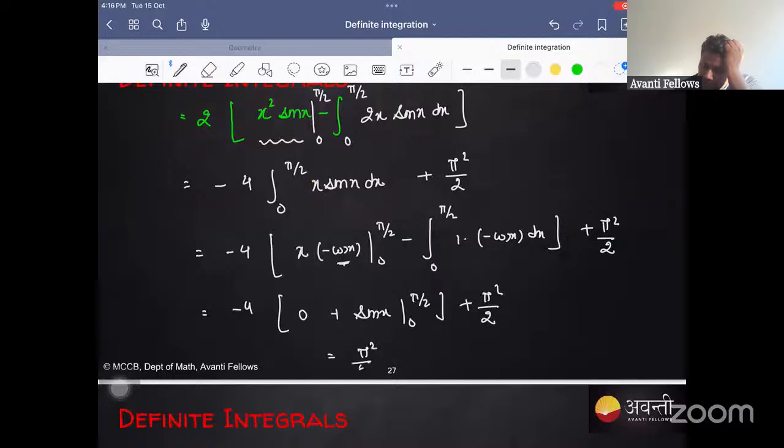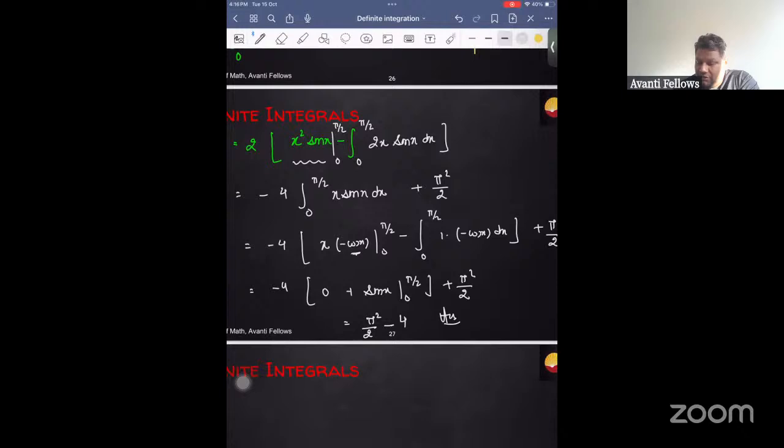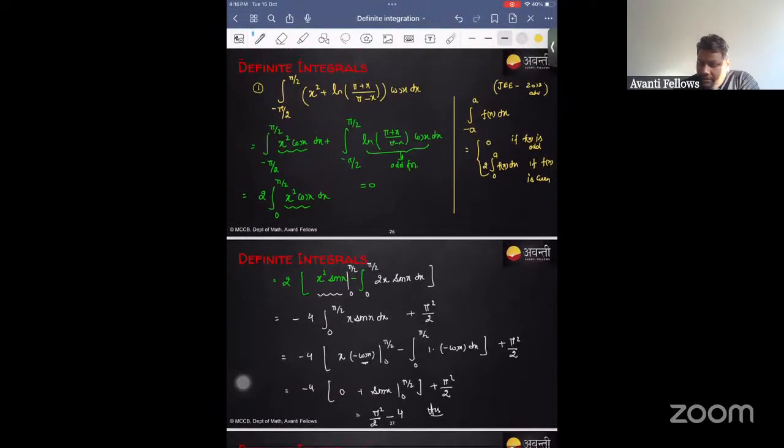So the answer is pi square upon 2 minus 4. Such a good question using the straightforward property of even odd function. Have a look, absorb it, copy it quickly.